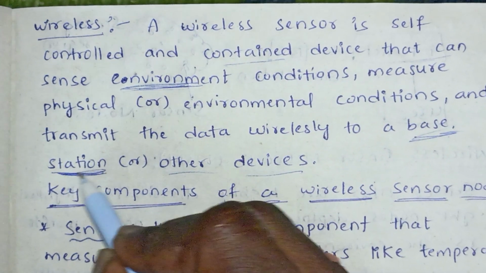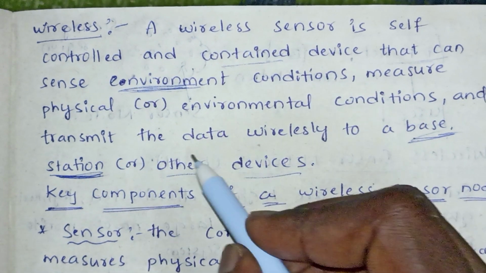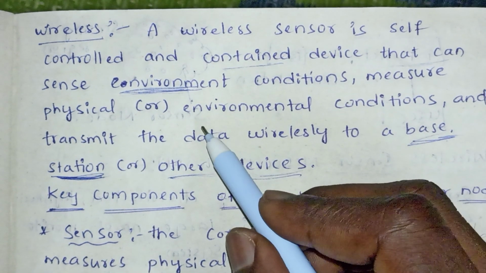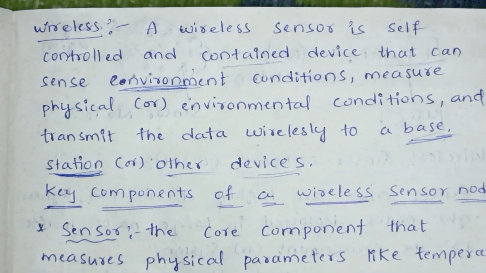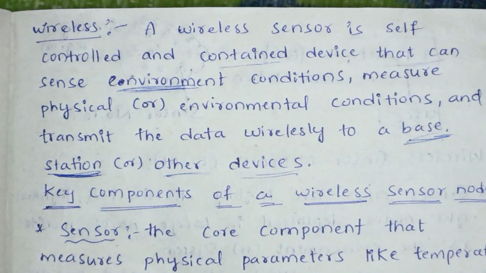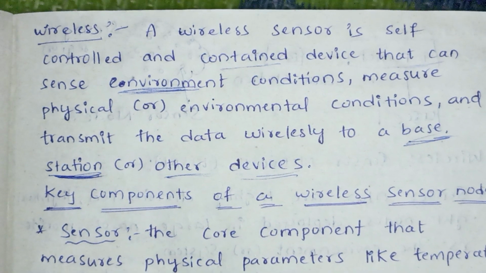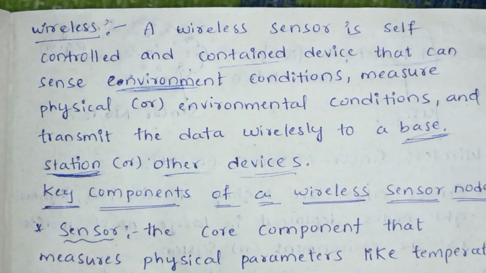The base station is a gateway or other device. This is wireless: there is no physical connection between two devices, and it sends the environmental conditions using sensors.